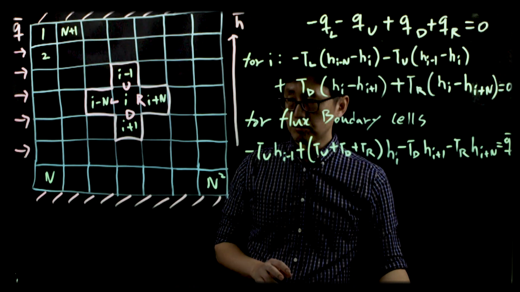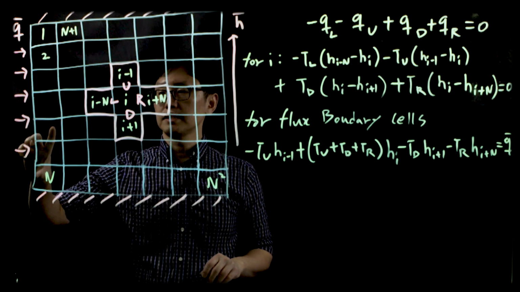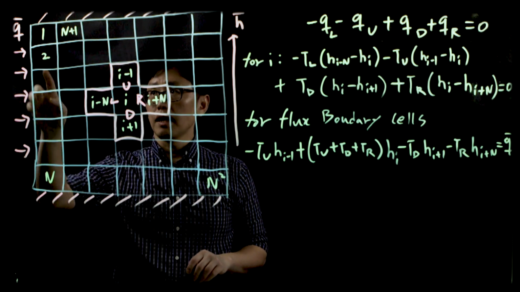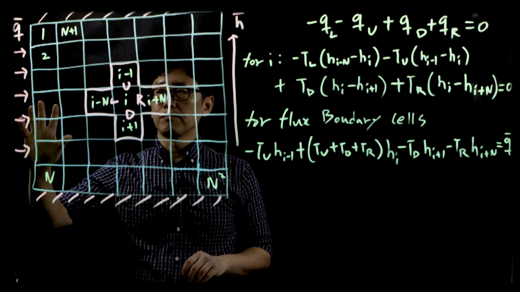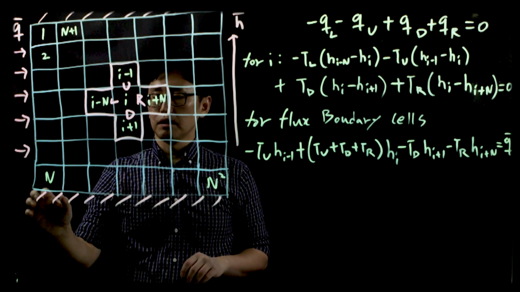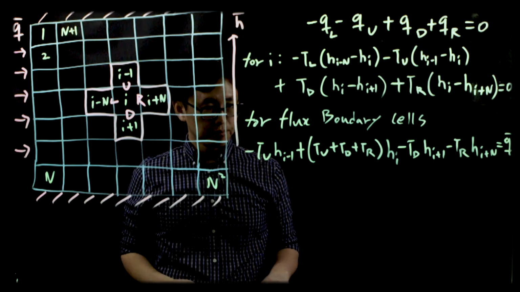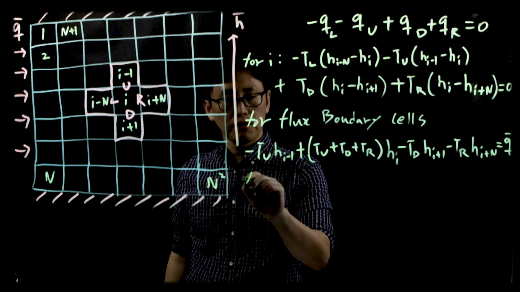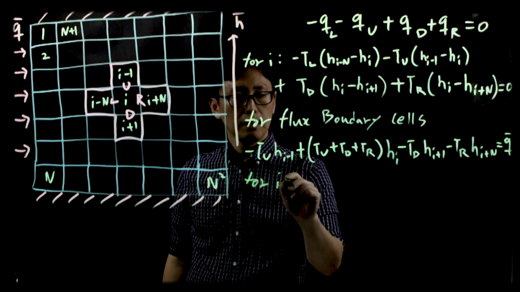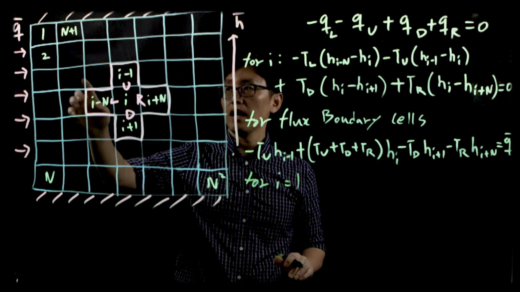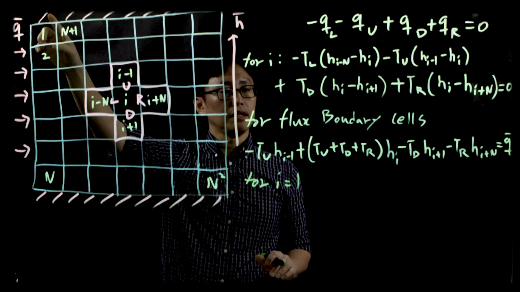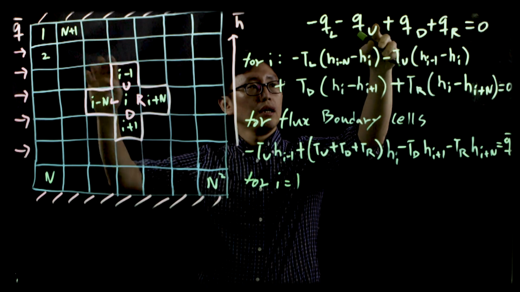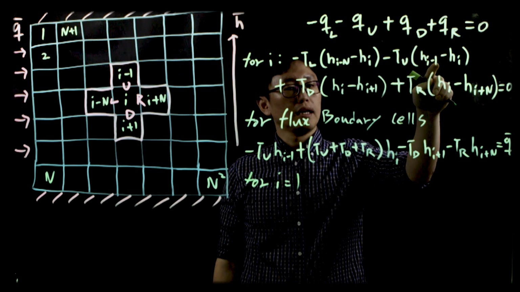However, we have two grid cells in this boundary column, because they have another boundary condition on the top for this one and on the bottom for this one, all right? So this equation will be maintained. However, for cell i equals 1, we have the no flux boundary here. That corresponds to the U boundary, which is TU H(i-1).